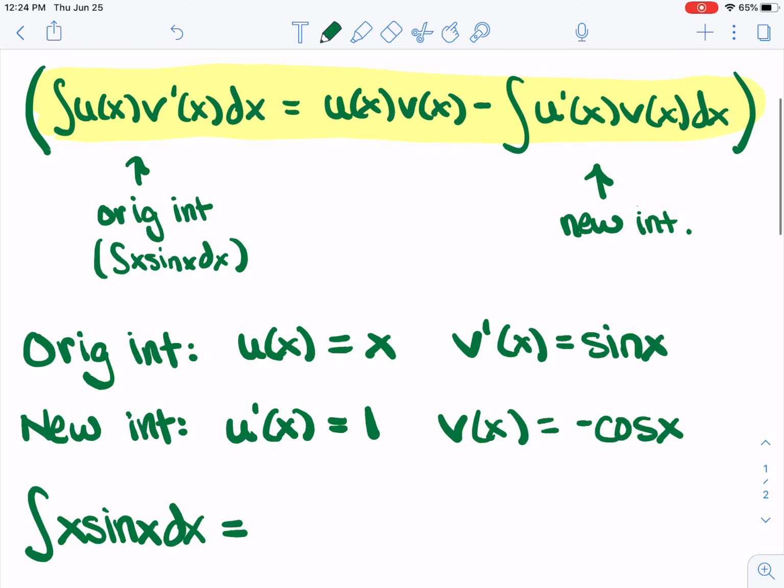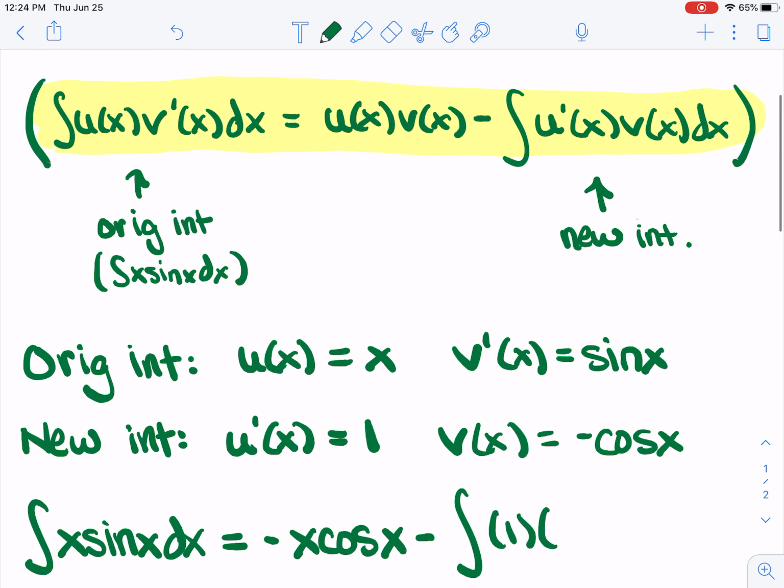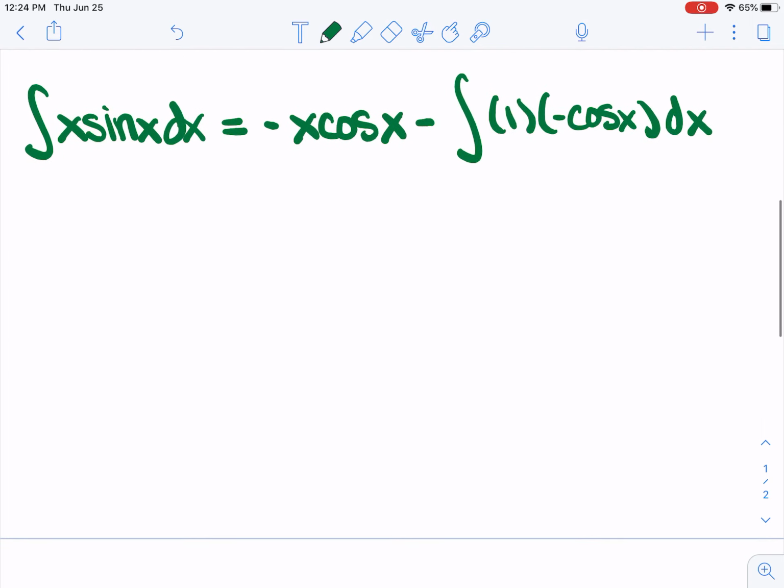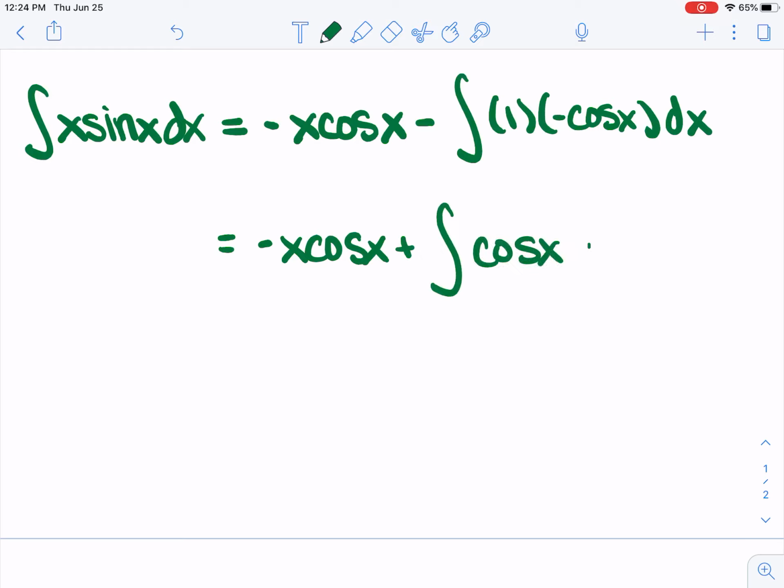That's negative x cosine x minus an integral of u prime, which is 1, times v, which is negative cosine x dx. So there it is, simplifying the signs a little bit. This is minus x cosine x. A couple of negatives gives me a positive, plus the integral of cosine x dx.